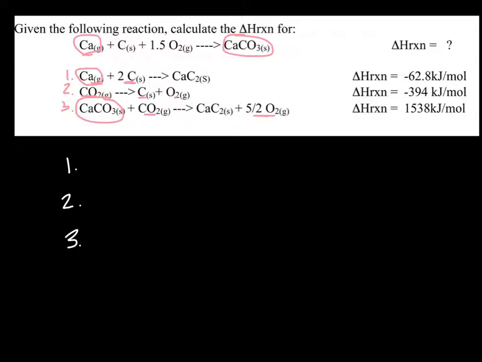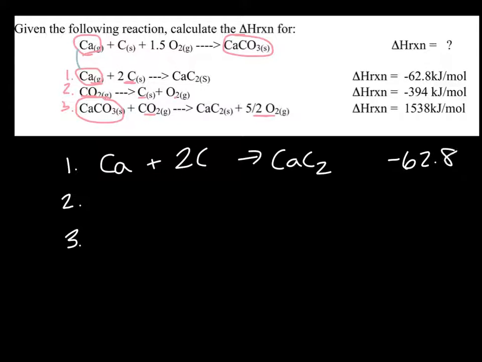What I can see is that calcium in the first step is a reactant, and it's a reactant in our net reaction. We have the same number, so I'm just going to rewrite the first step here. And then our enthalpy also stays the same. For the third step, I can see that I have calcium carbonate as a reactant, and it needs to be a product.